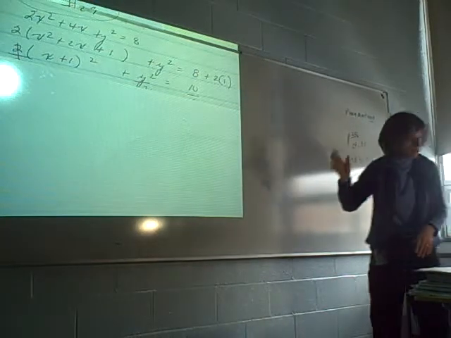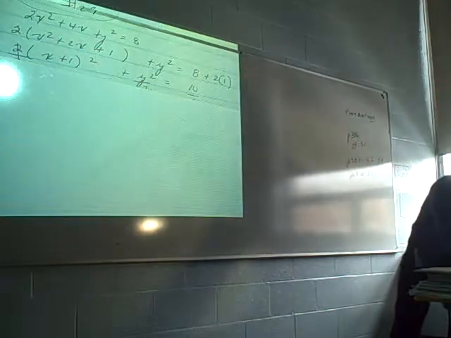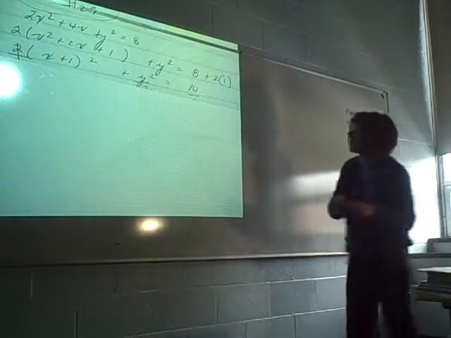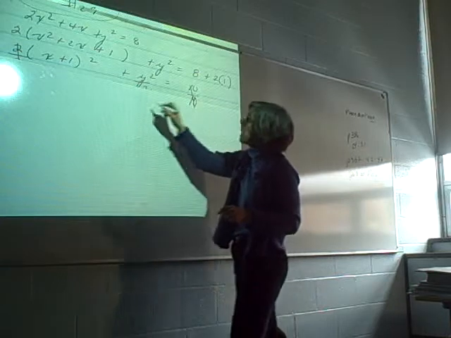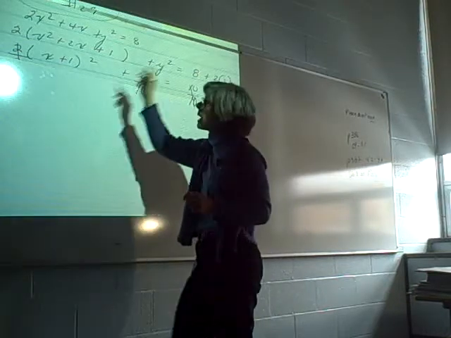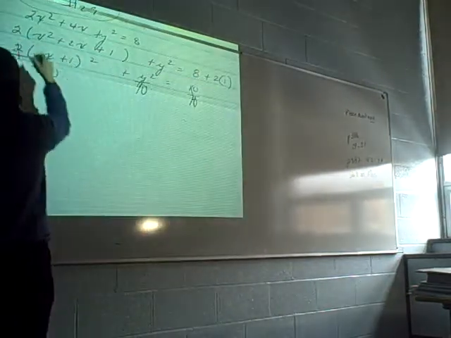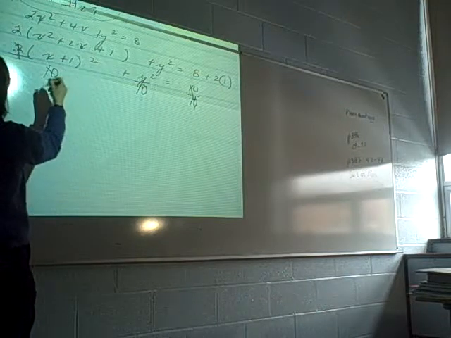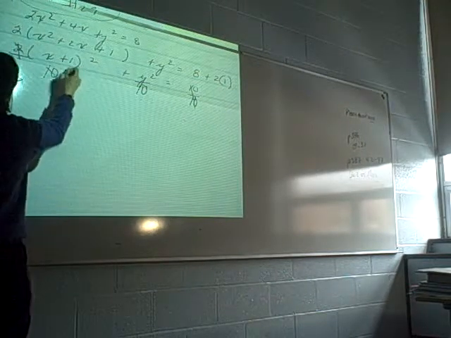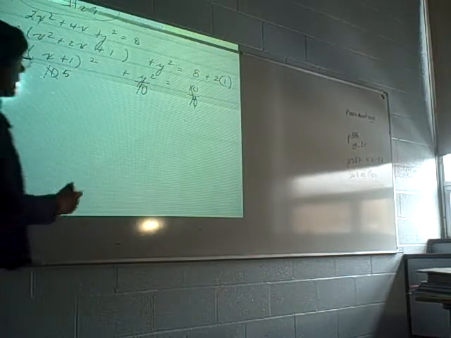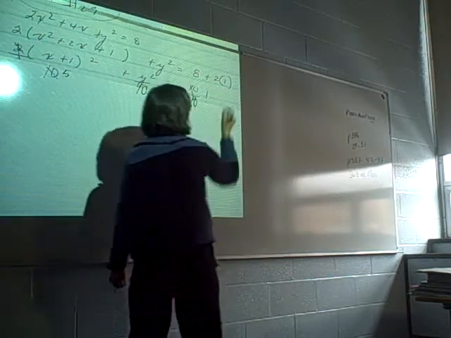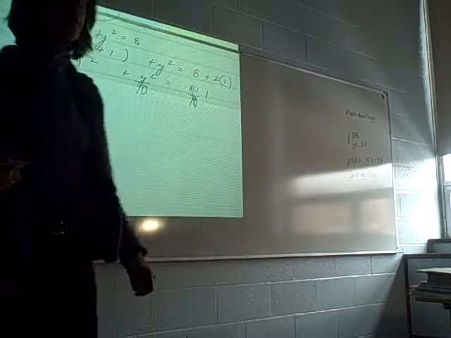If you had divided that by 10, what would it have looked like? I would have divided this by 10, this by 10, and this by 10, and I would have ended up with 1/5. And that would have been y squared equals 1. I could have done that.